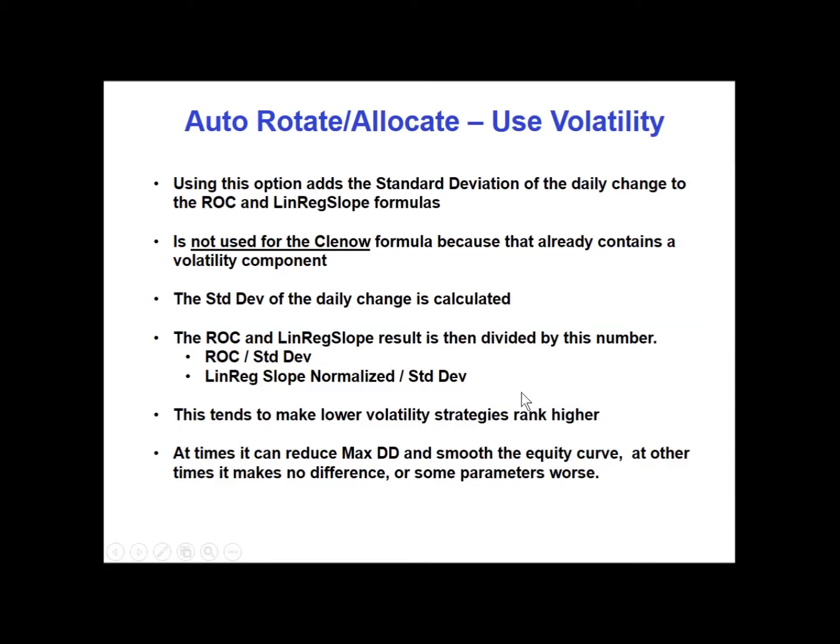That has the net effect as if you have 2 strategies, each have a number calculated up here of 2, but one has a volatility of 1 and the other has a volatility of 4, then if I divide them, 2 divided by 4 is a half, and the other one is 2, so the 2 one wins. So this essentially is going to penalize the momentum calculation for the really highly volatile equity curves. He uses that for his position sizing and how he allocates funds.